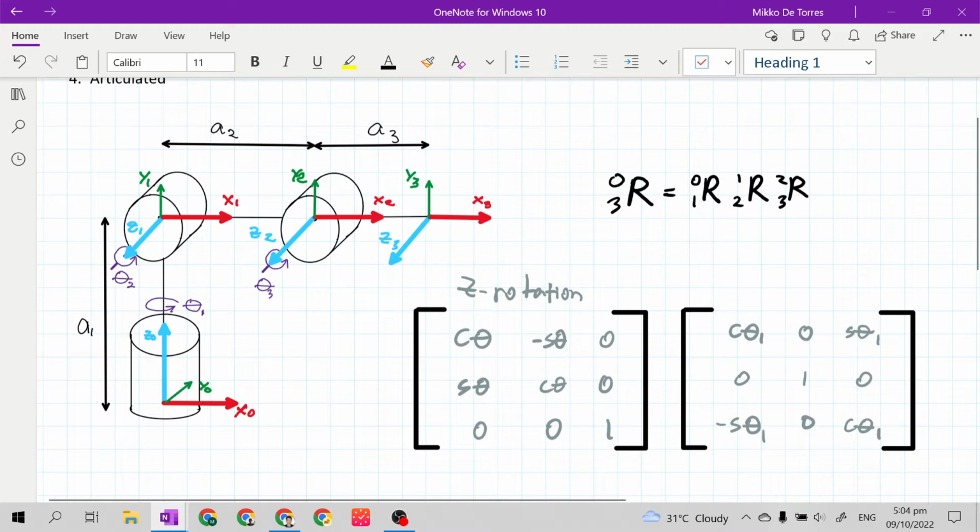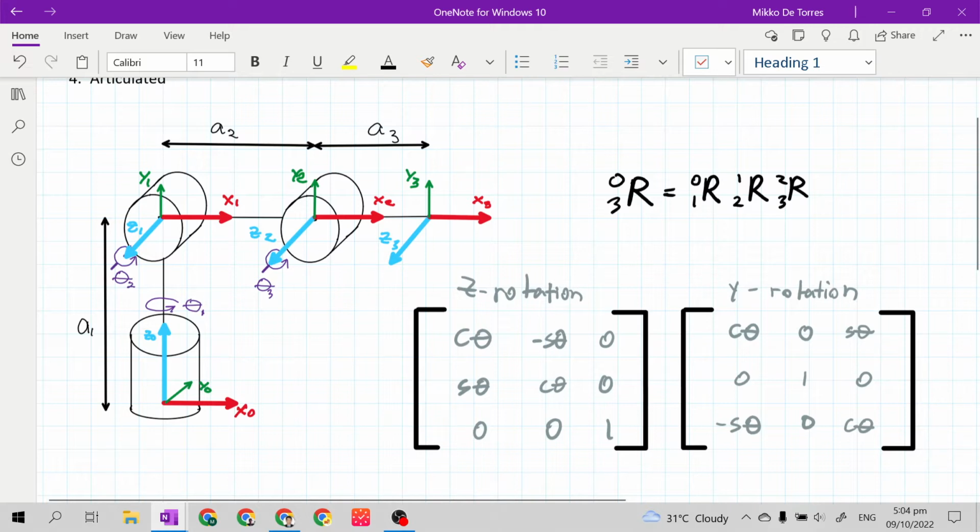So this is the y rotation. These are derived from the principle of projection, and using SOH CAH TOA in deriving the elements of these rotation matrices.